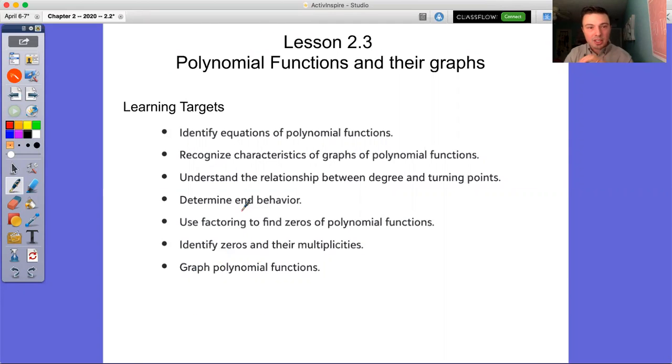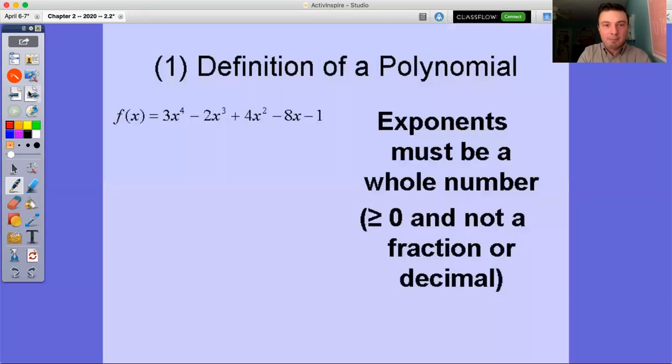Okay, so here's the idea. Definition of polynomial. It's basically a big long expression like this where things are added and subtracted, but the key is that the exponents must be a whole number. So notice how the exponents here are all whole numbers.